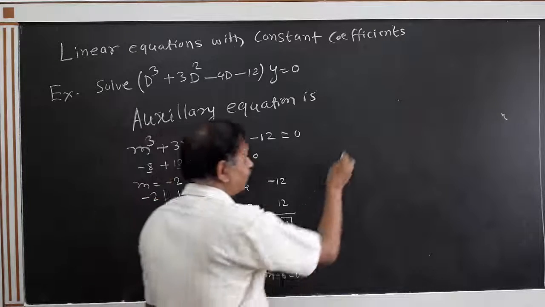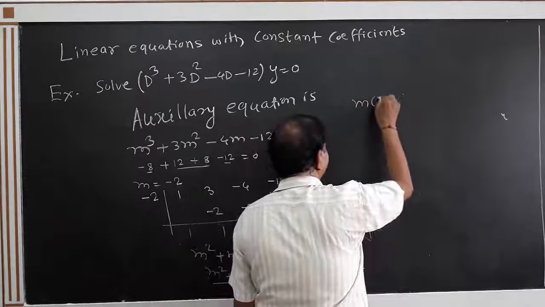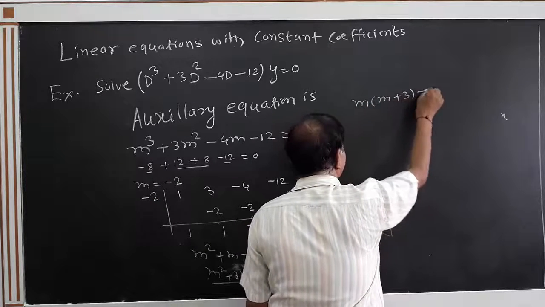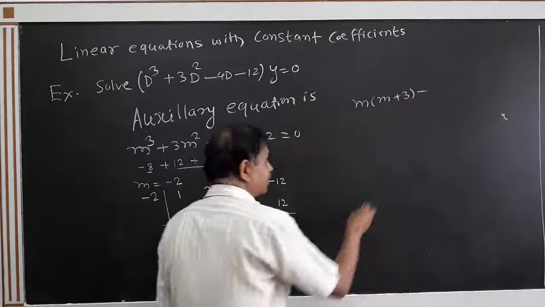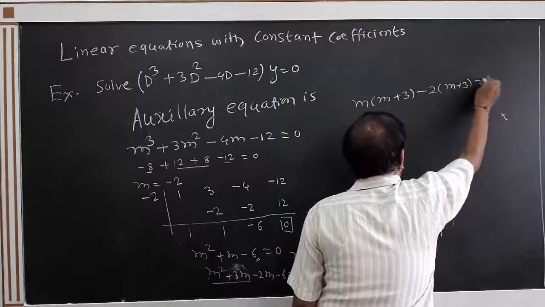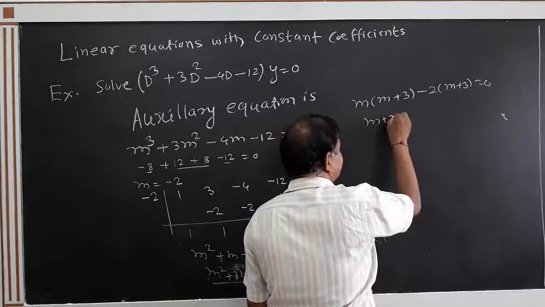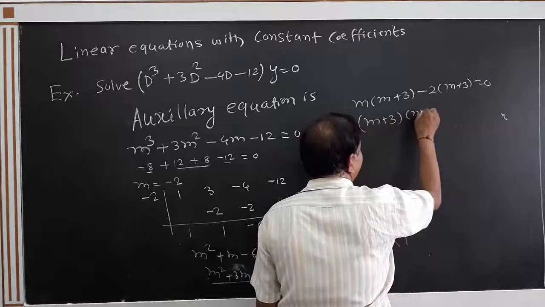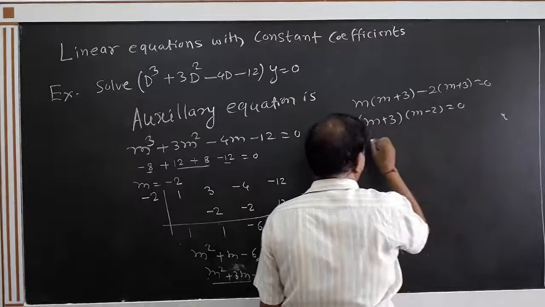From this you can take m common, m into m plus 3. From the last term we can take minus 2 common, m plus 3 again. Therefore, m plus 3 into m minus 2 equal to 0.